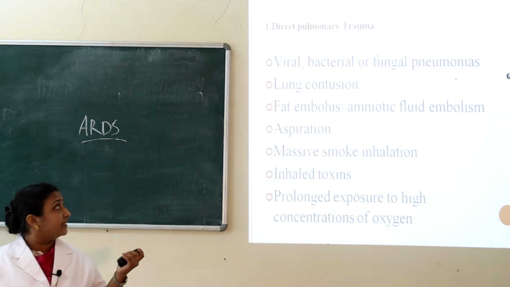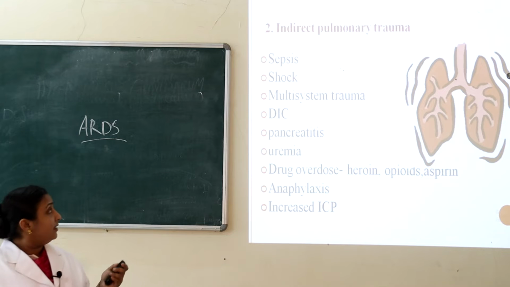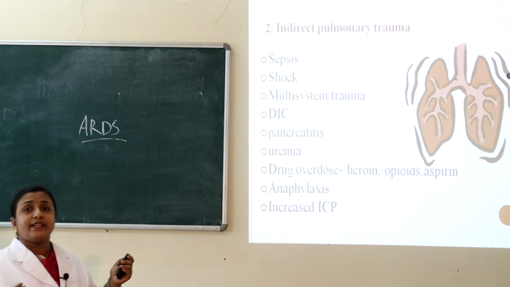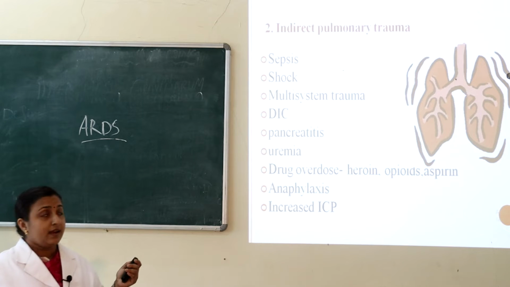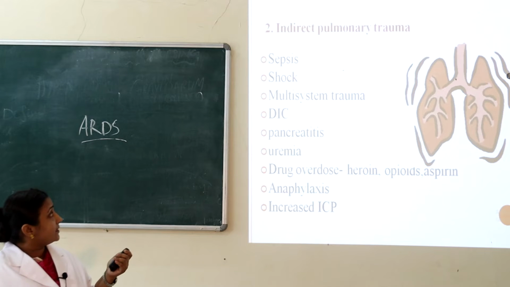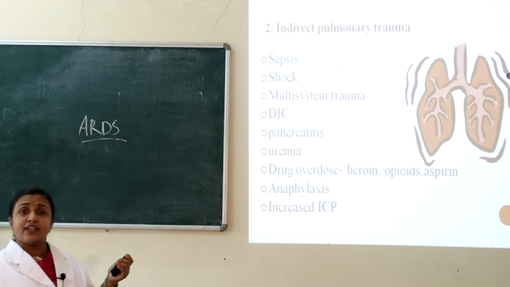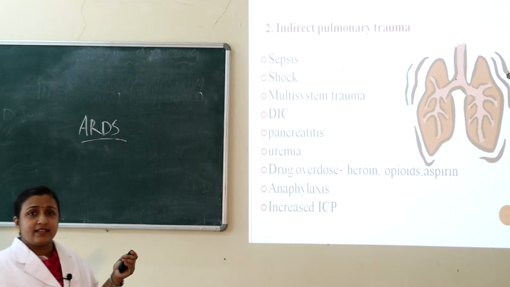The next main category is indirect pulmonary trauma. What are the causes included in indirect pulmonary trauma? The first one is sepsis, then shock, multi-system trauma, DIC. What is the meaning of DIC? Okay, good. That is disseminated intravascular coagulation.